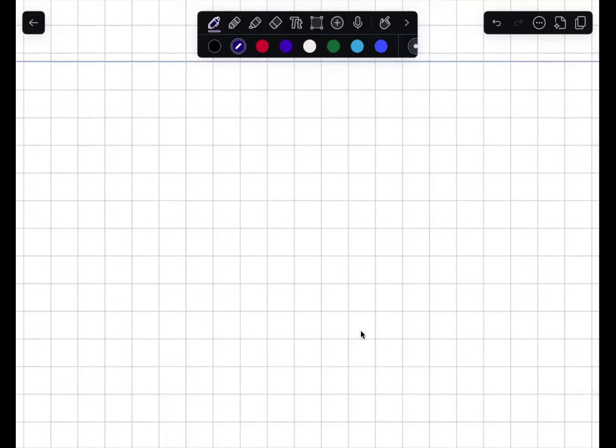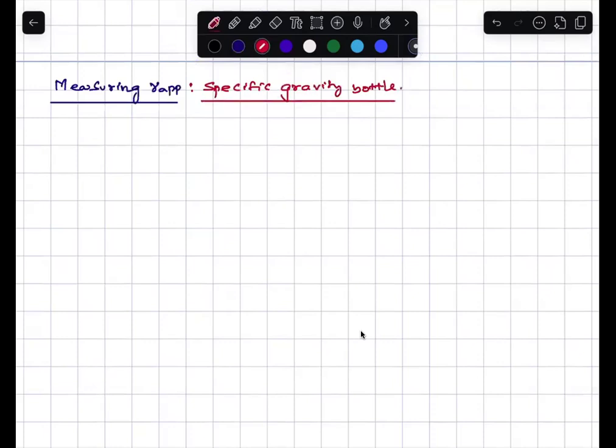How to measure gamma apparent? Gamma real is not possible directly to measure, but you can measure gamma apparent. For this purpose, you will use an arrangement called the specific gravity bottle experiment.